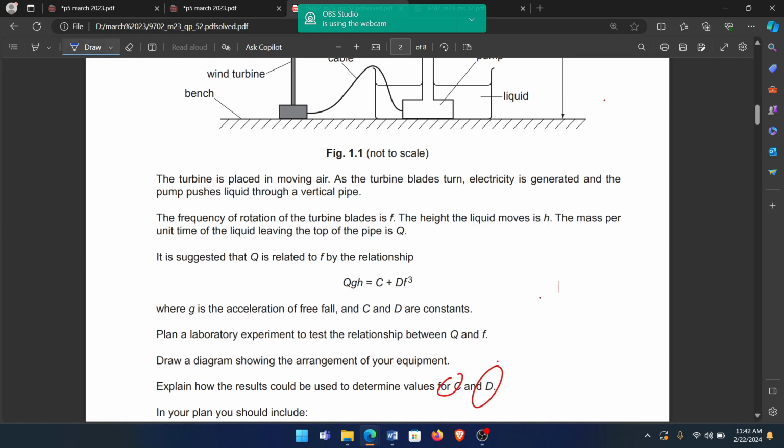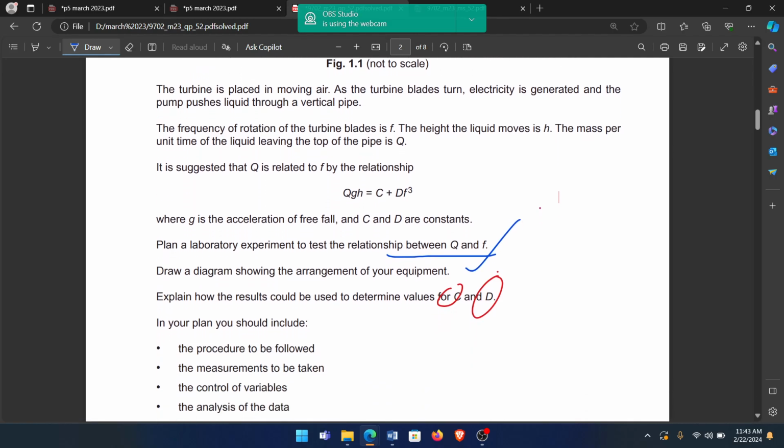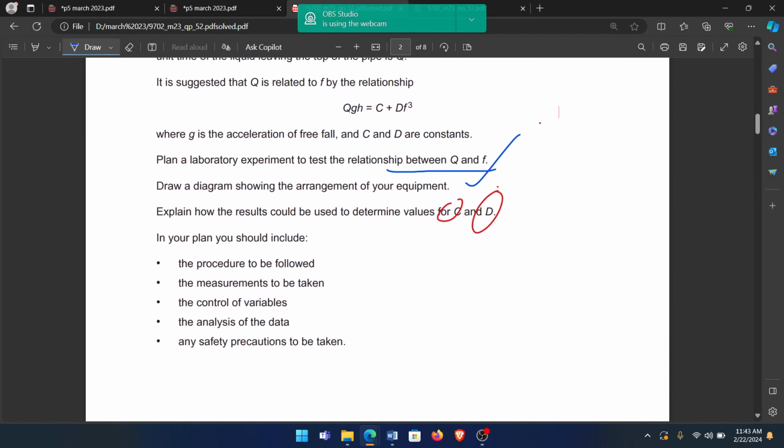Test the relationship between Q and F. You are asked to arrange an experimental setup where you can justify the relationship between Q and F. Draw a diagram, and explain how to determine Q and F. These are the key points you have to mention in your experiment.